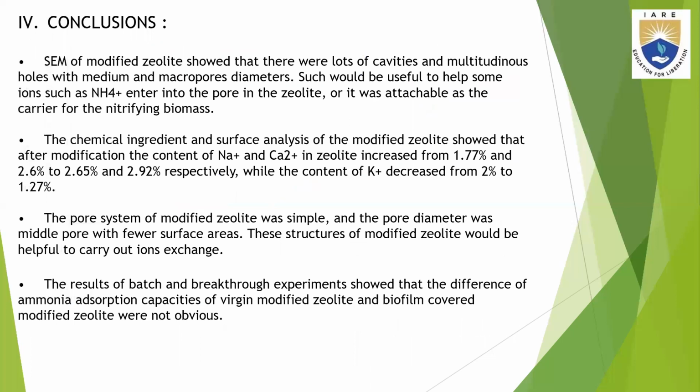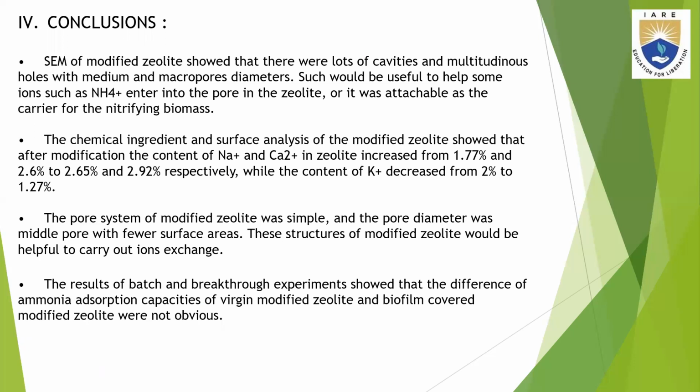Conclusions. Scans of modified zeolite showed that there were lots of cavities and multitudinous holes with medium and macro pore diameters. Such pores would be useful to help ions such as NH4+ enter into the pores in the zeolite, or be attachable as a carrier of the nitrifying biomass.